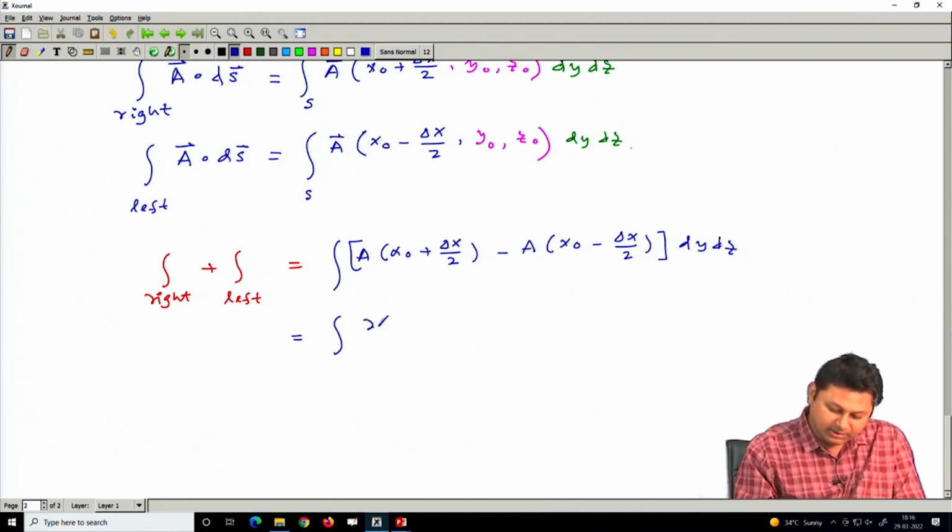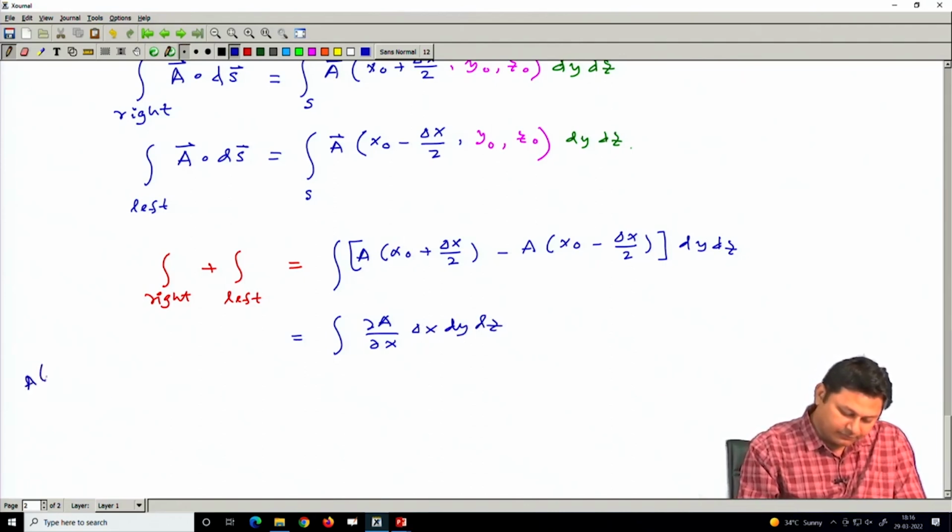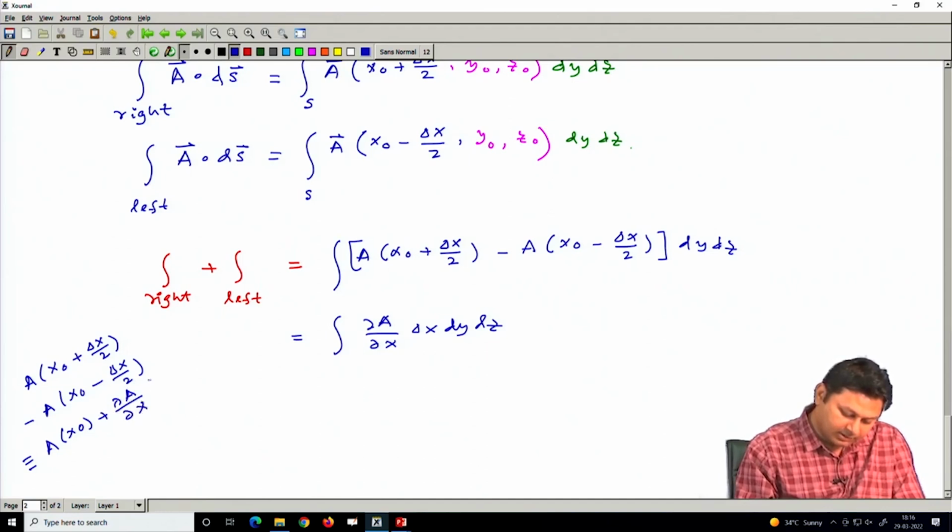Simply you will get del A del x delta x dy dz, because A of x 0 plus delta x by 2 minus A of x 0 minus delta x by 2 is equivalent to A of x 0 plus del A del x delta x by 2, minus A of x 0 plus del A del x delta x divided by 2.